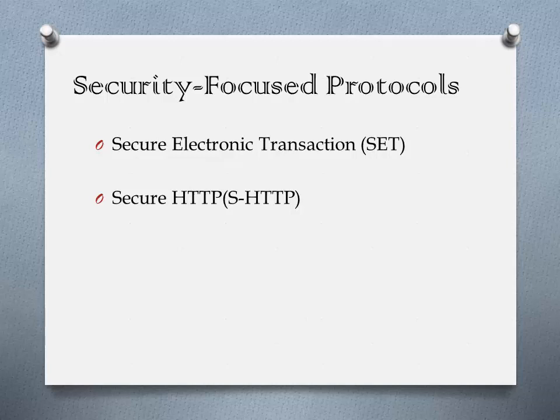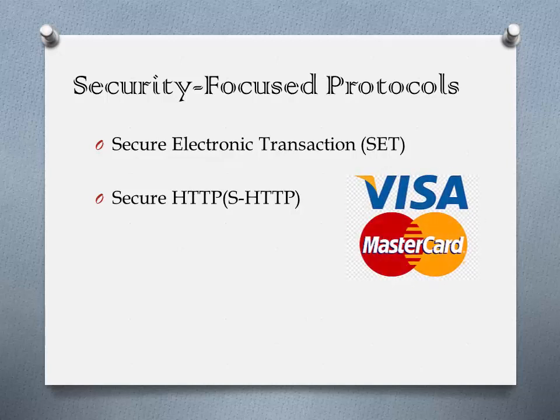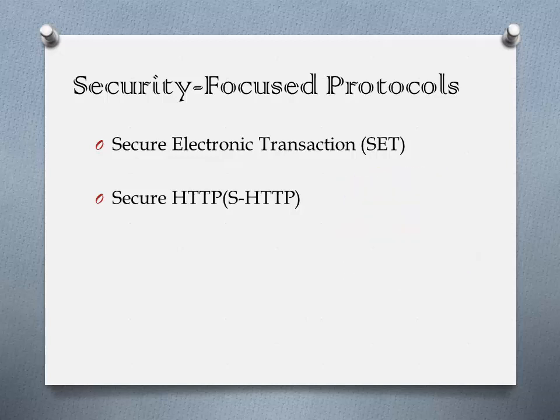SET was originated by Visa and MasterCard as an internet credit card protocol, which basically supports the authentication of both sender and receiver and ensures content privacy in an effort to reduce merchant fraud on public networks.